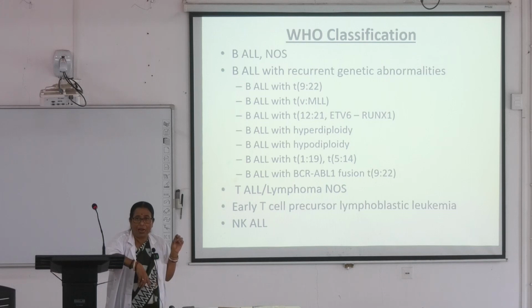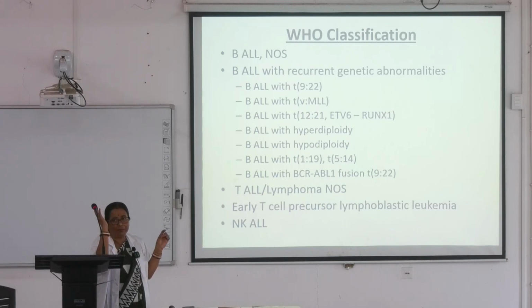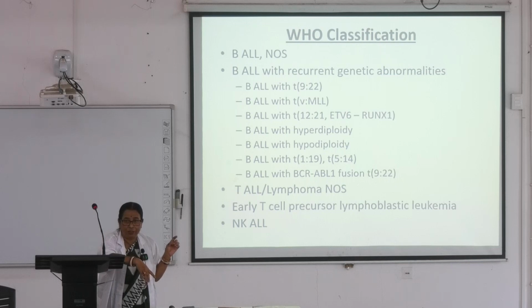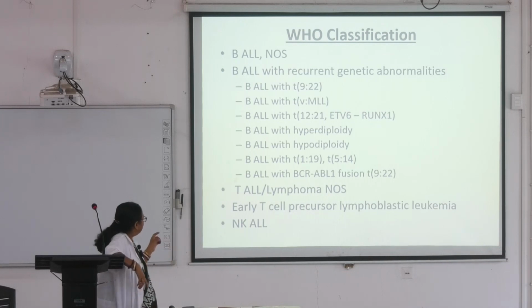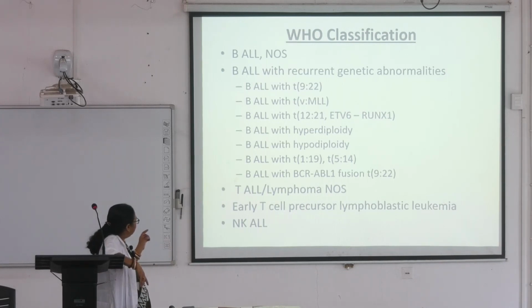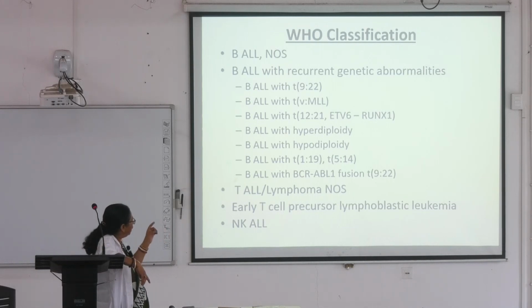If there is hyperdiploidy, chromosome number instead of 46, if it is 50 or more than 50, prognosis is good. If it is hypodiploidy, number of chromosome is less, it is bad. Then B-ALL with t(1;19), translocation 5;14.